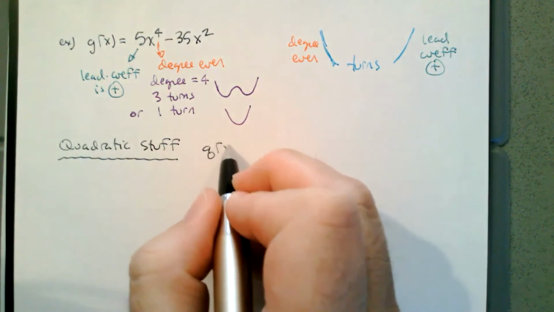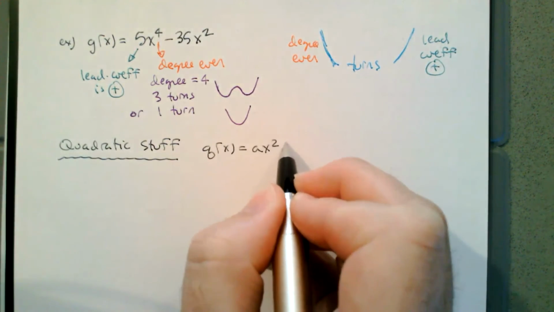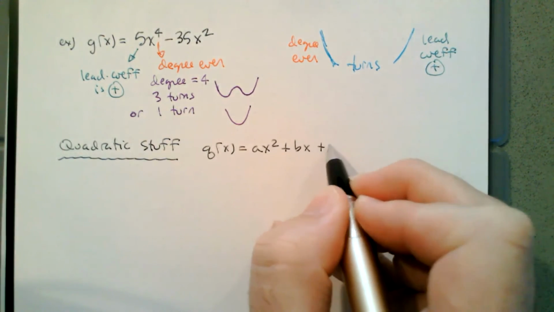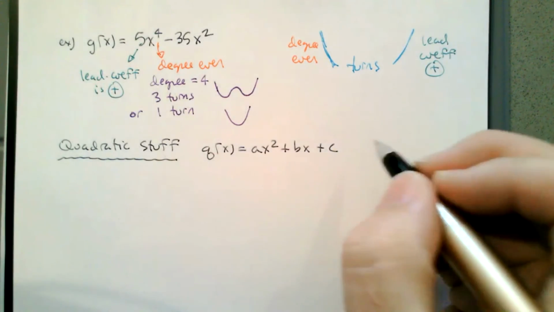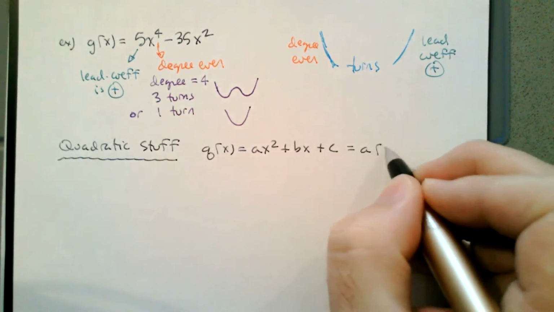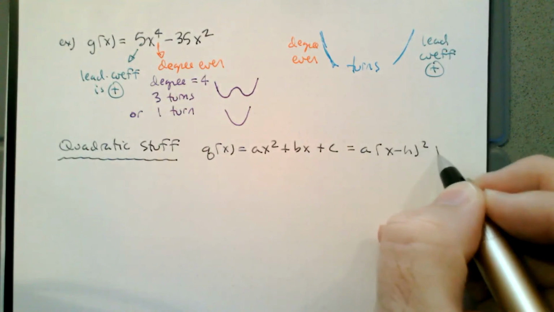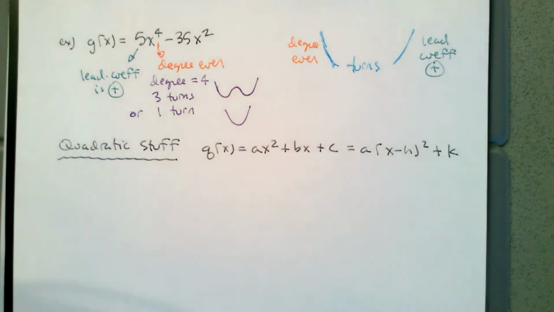Say q of x is ax squared plus bx plus c, or in vertex form, a times x minus h squared plus k.